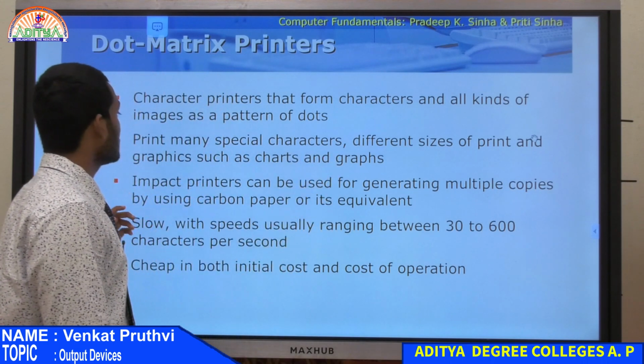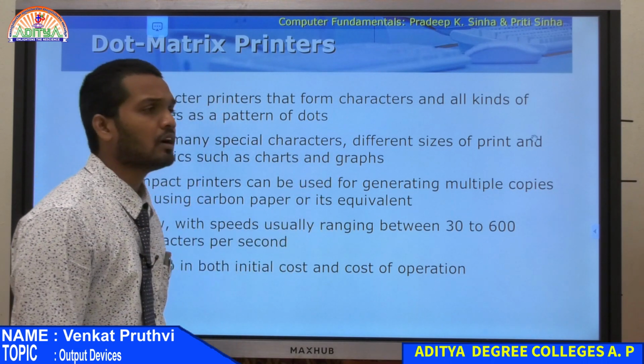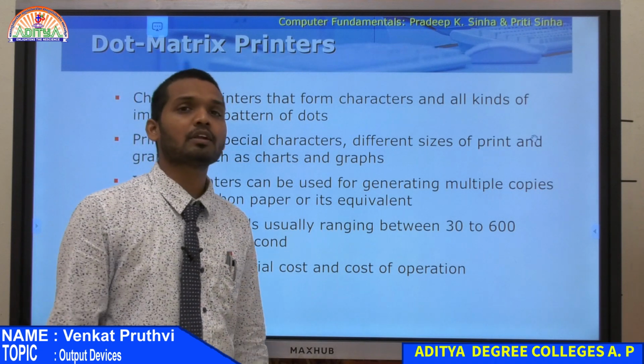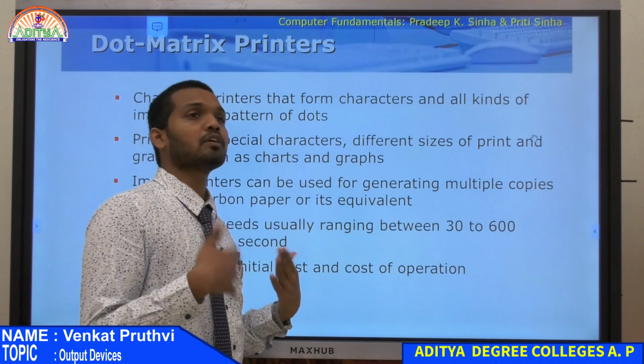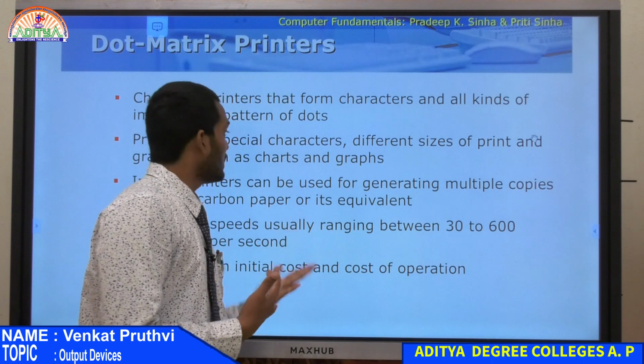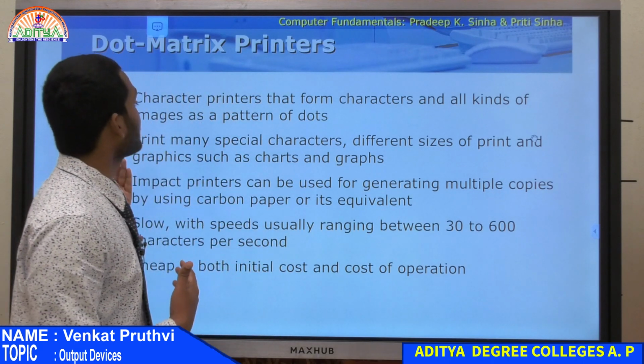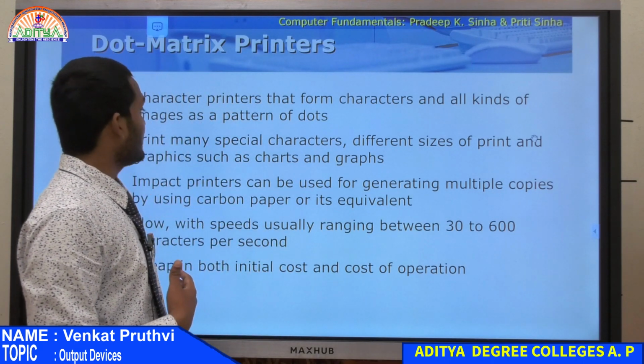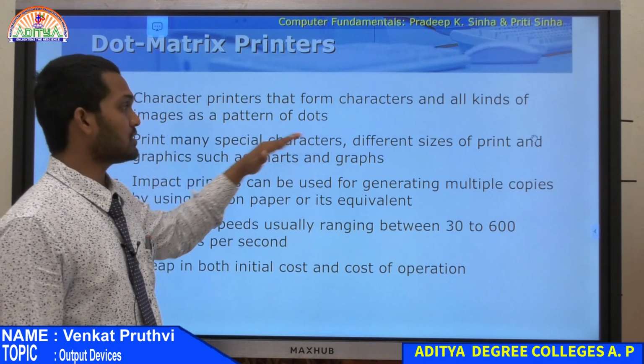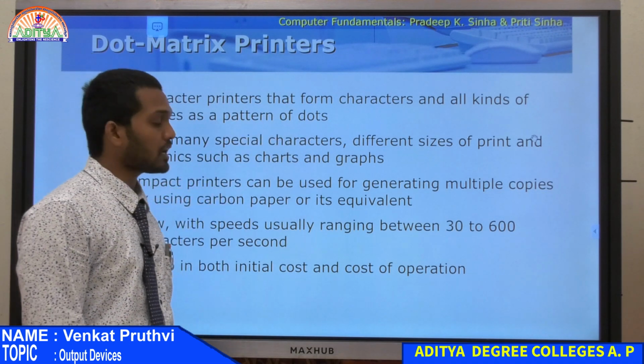Generally all printers may not be able to understand the output that you are trying to get from those printers, and this is one kind of printer which will print many special characters, different sizes of print and graphics such as charts and graphs.